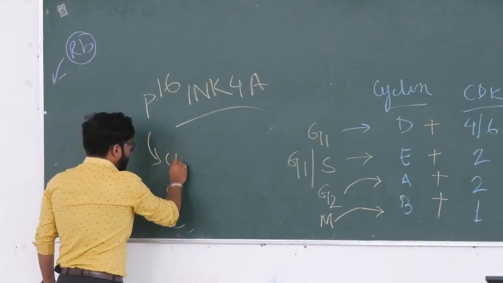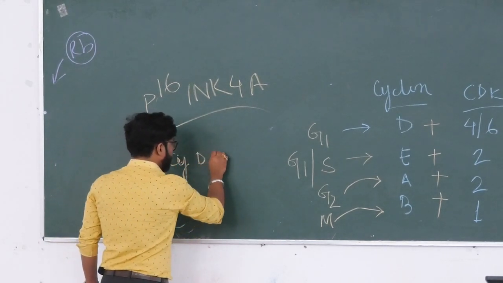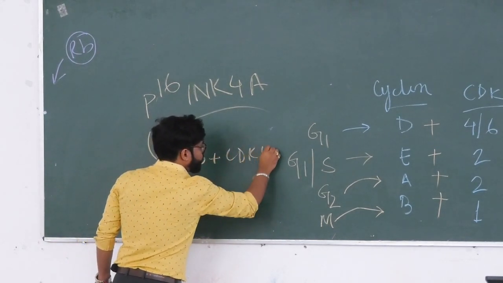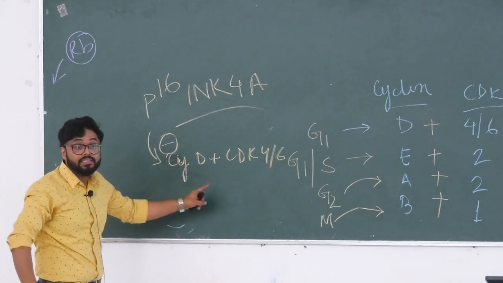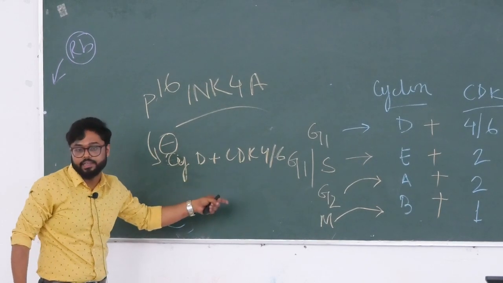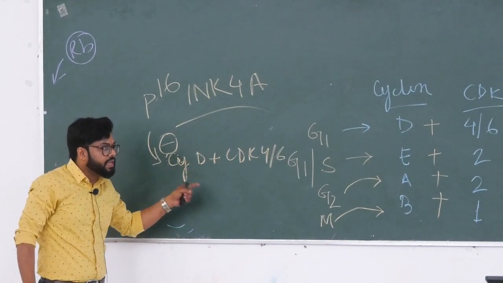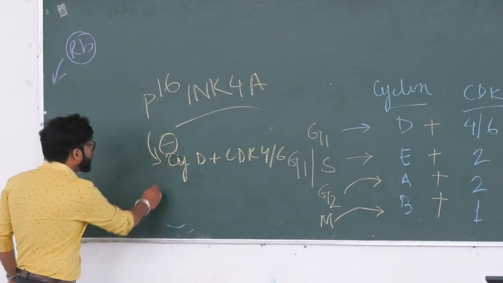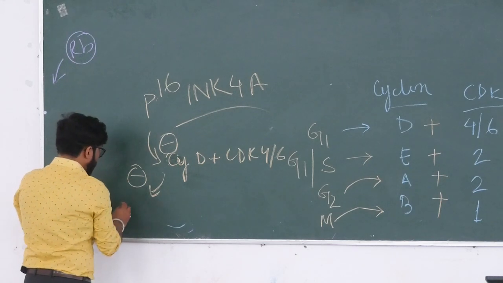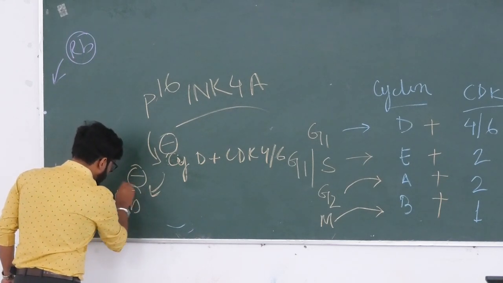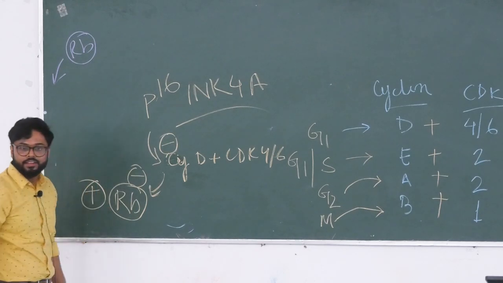They bind with cyclin D and CDK4 and CDK6 and make that machinery inactive. This machinery becoming inactive means it cannot phosphorylate Rb, so retinoblastoma is activated.